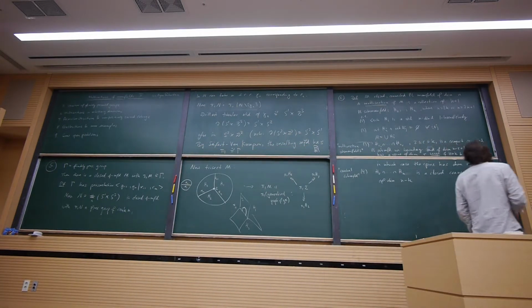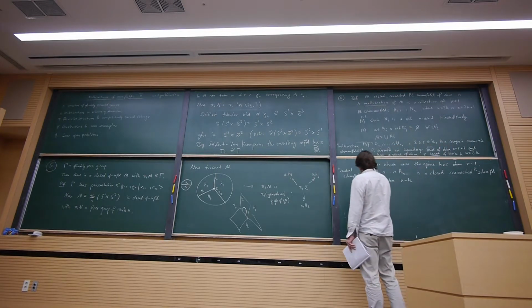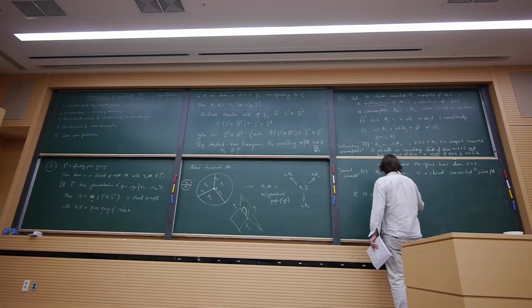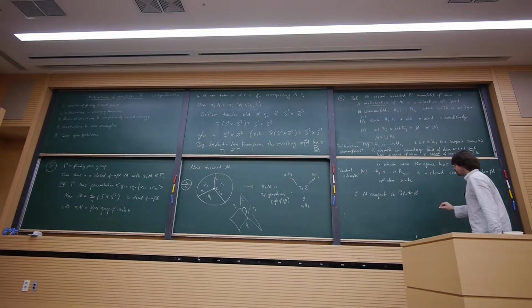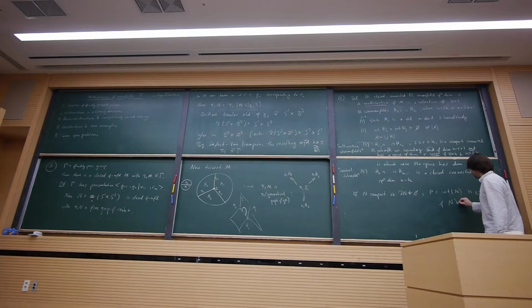Okay. So then maybe to just clarify what I mean when I say spine, because there are different ways of thinking about spine. So here spine, so if M is compact with non-empty boundary, and P in the interior of M is a polyhedron, then this is a spine, if N collapses to P in the piecewise linear sense.